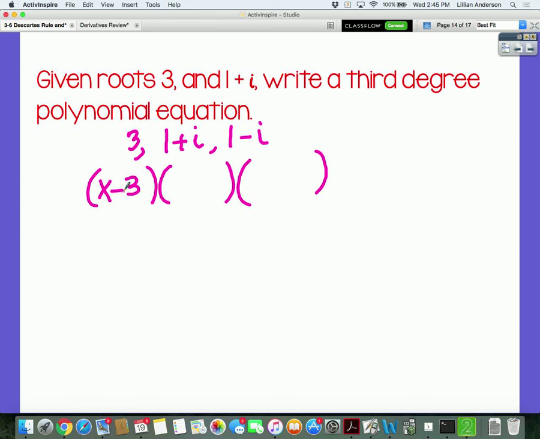Because when you said x minus 3 equals 0, add 3 to both sides, you get x equals 3. So we have that factor there. And it works the same way with the imaginary ones too. Whenever you're given a root, you always want to write the factor form. And the factor form is always x minus whatever the root is.